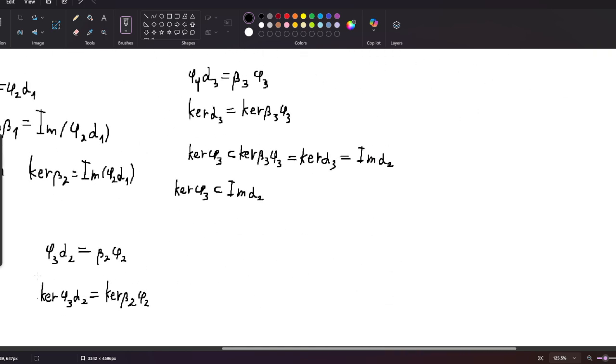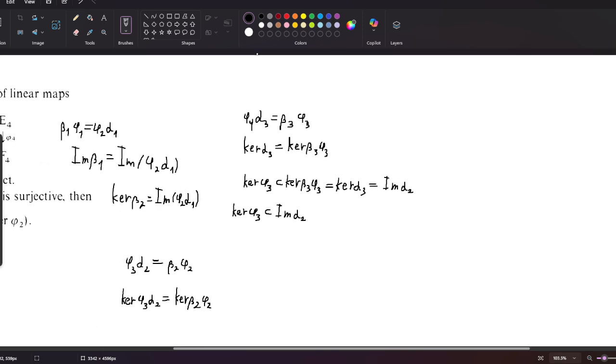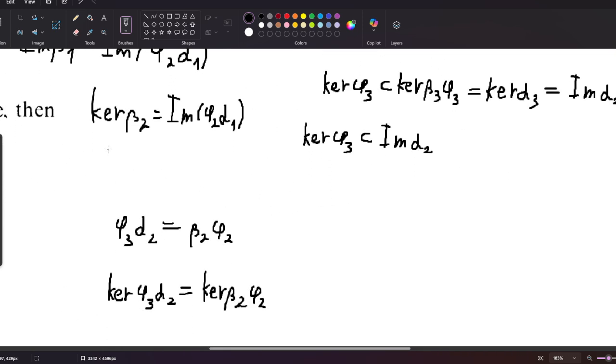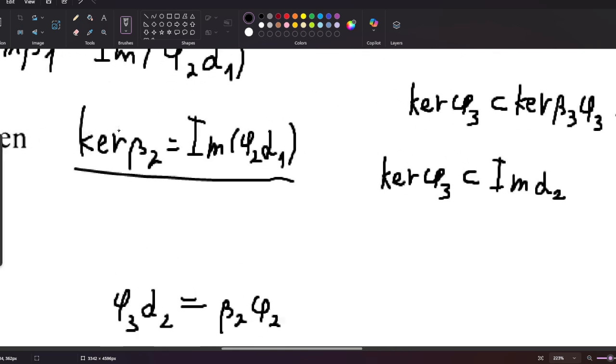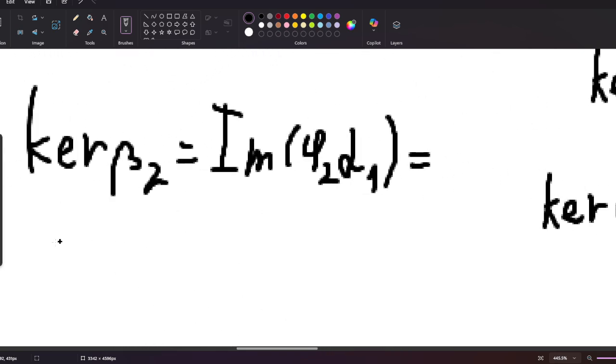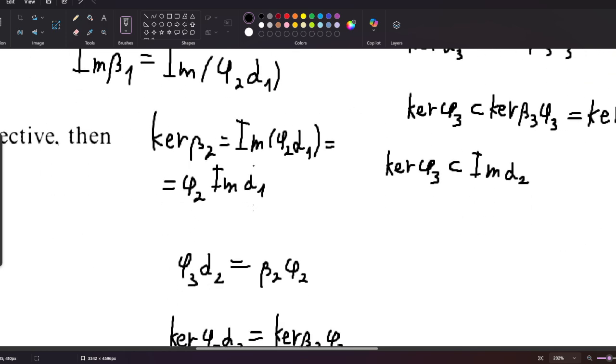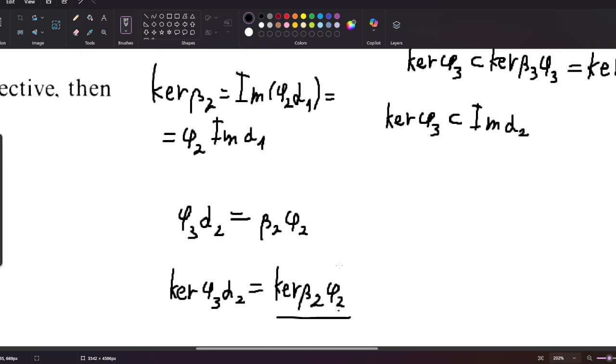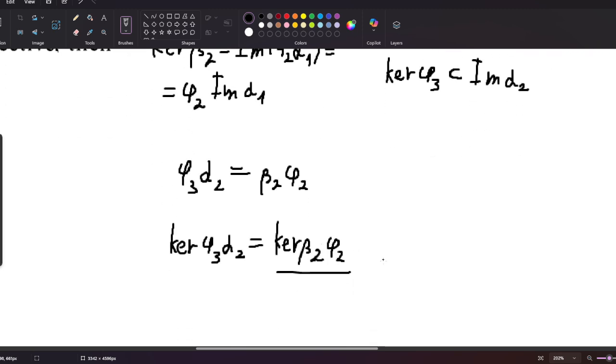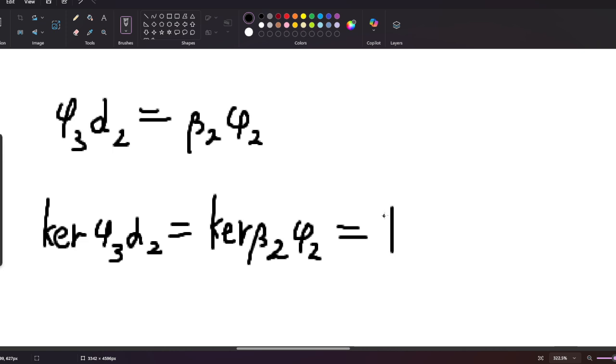Now, earlier we worked with this thing, and we can rewrite it as phi 2 of the image of alpha 1. And this essentially implies that the kernel of this composition is going to be the image of alpha 1.